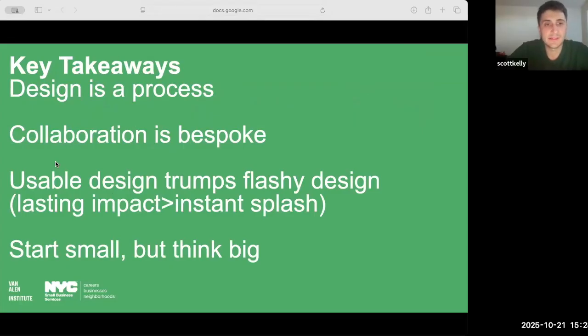I think number three is a big one for me. I've seen at Van Allen in these design sprints, sometimes organizations come out with a really beautiful presentation and launch and all these mock-ups of all the ways these designs can exist. But because the design system is so elaborate, it becomes unwieldy for the organization to implement and continue to use.